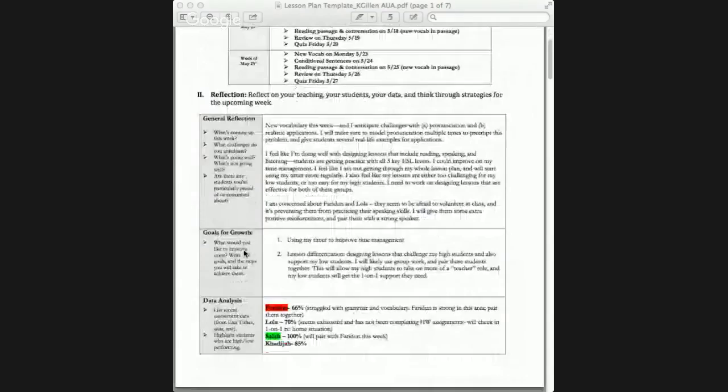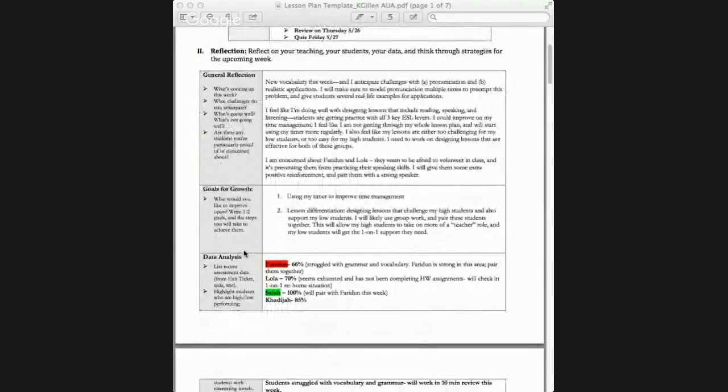The second part of the reflection is really a place to think about you and what you are doing well, what you are not doing well. If there are any students that you're particularly concerned about, it's nice to put in a student that you're proud of, to have something positive in your reflection.